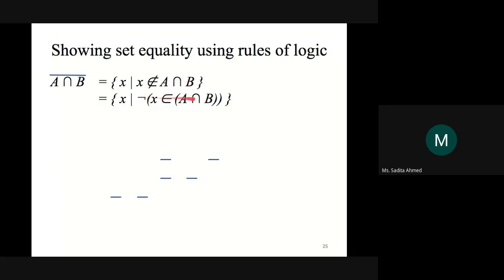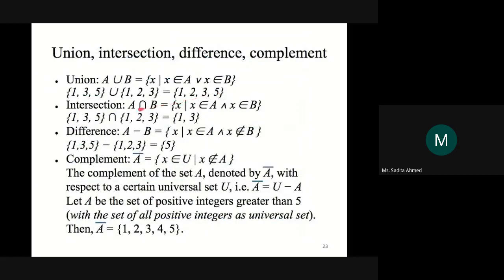So if this makes sense, what can we say about the statement X belongs to A intersection B? It means that X must belong to A, and X must belong to B. The AND operation here, because intersection by definition means all the elements that belong to both sets.